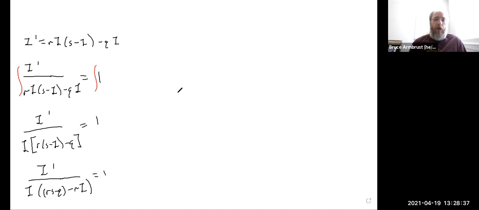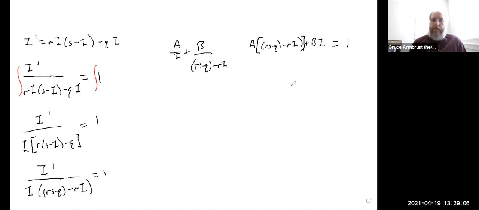So then this would be a partial fractions kind of problem. We're going to have A over I plus B over (RS minus Q minus RI). So when we combine that, we're going to get A times (RS minus Q minus RI) plus BI, and that has to equal 1.